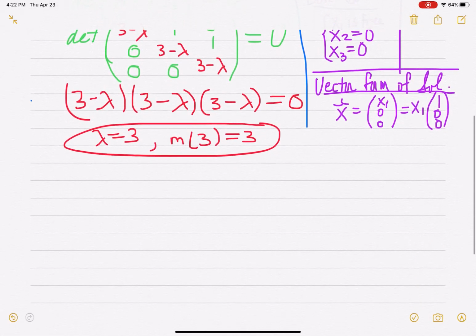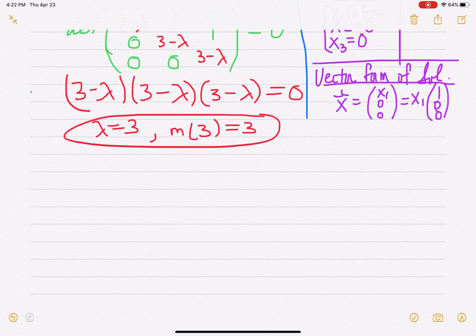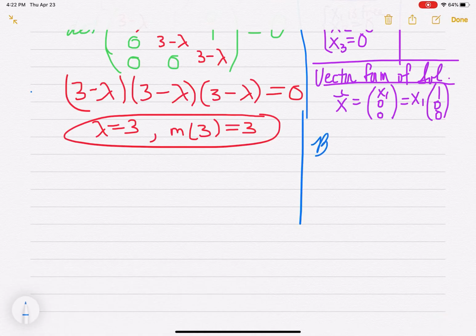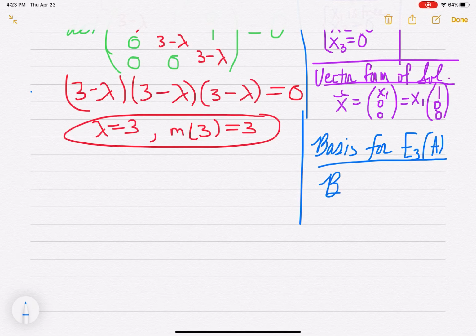So here we have a basis for this eigenspace. What's that called? E sub 3 of A, the eigenspace of A associated with the eigenvalue 3. We're just going to call it B for basis. It's the only basis we're going to have because we only have one eigenvalue.